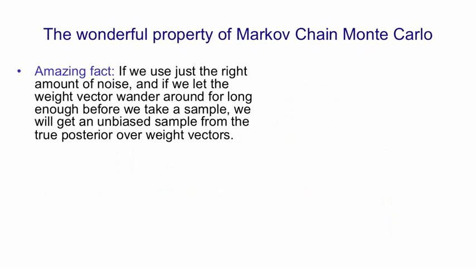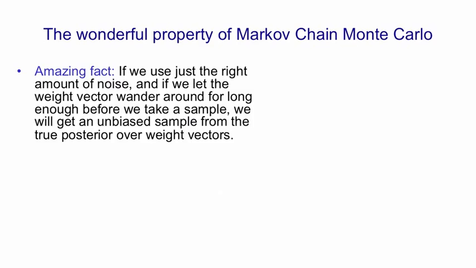If we add that Gaussian noise in just the right way, there's a wonderful property of Markov chain Monte Carlo. It's an amazing fact. The weight vectors, if we've wandered around for long enough, will be unbiased samples from the true posterior distribution over weight vectors.